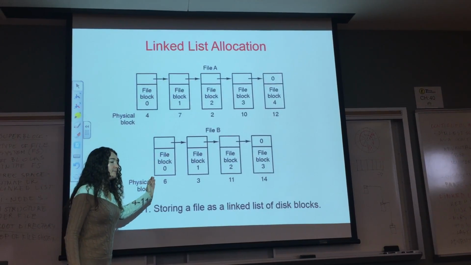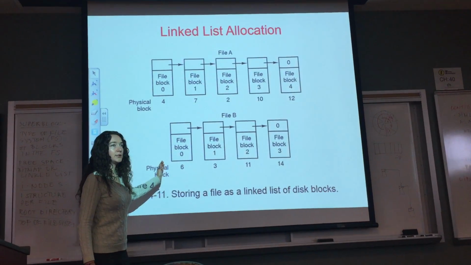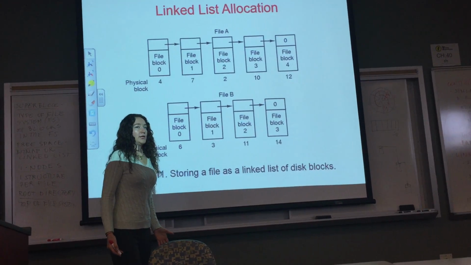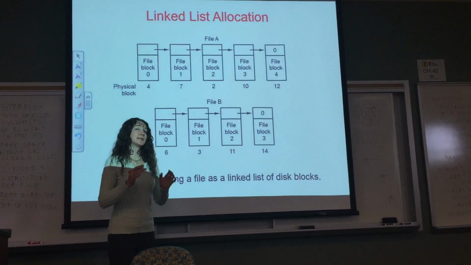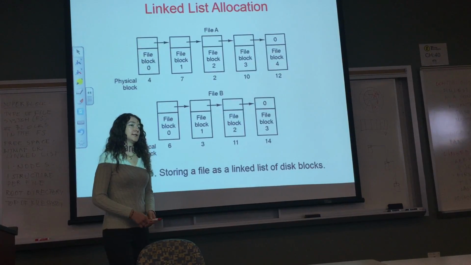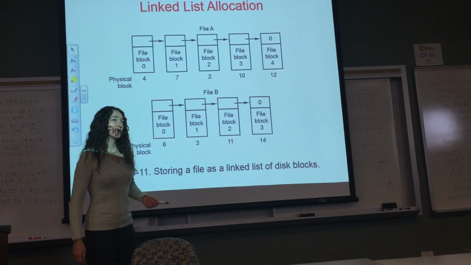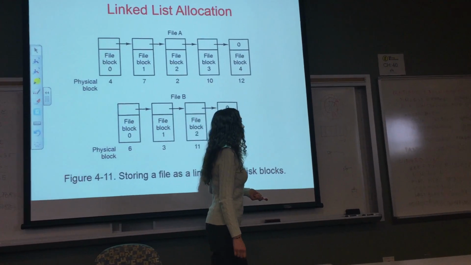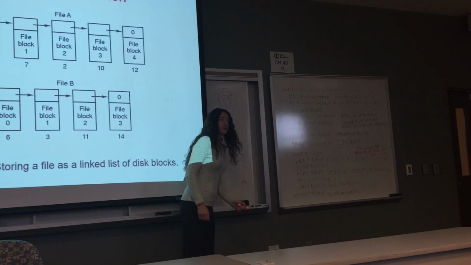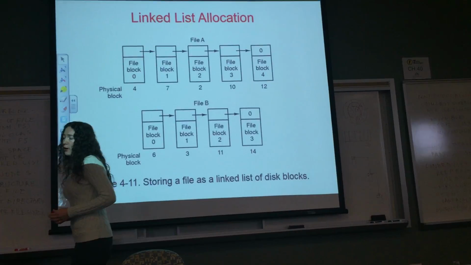Every time our process or code needs to read something from the disk, we are doing an I/O operation, which means the process has to stop running until the CPU is given to another process until the I/O operation is complete. And if we're going to read the file and have to go to the disk to read that pointer for the next piece of the file every time, that makes our process very slow.